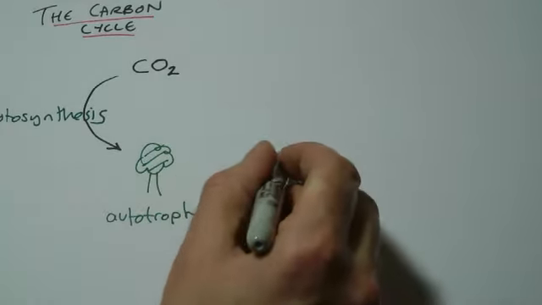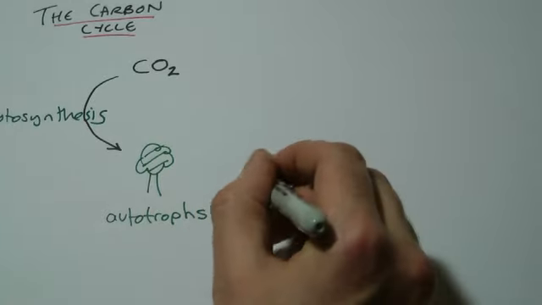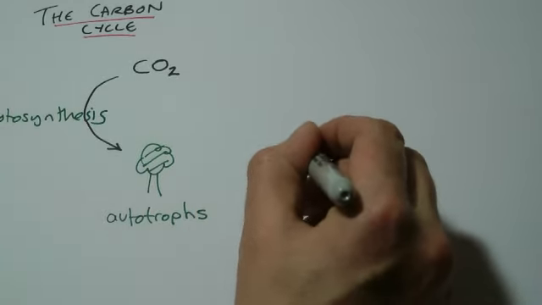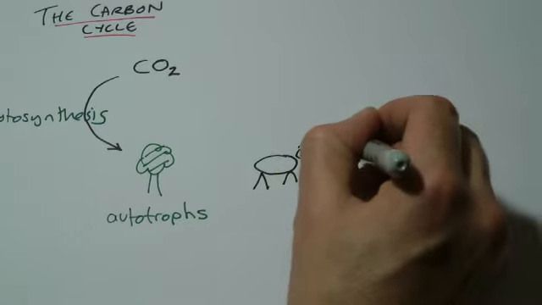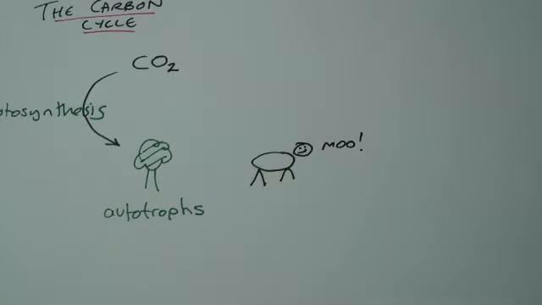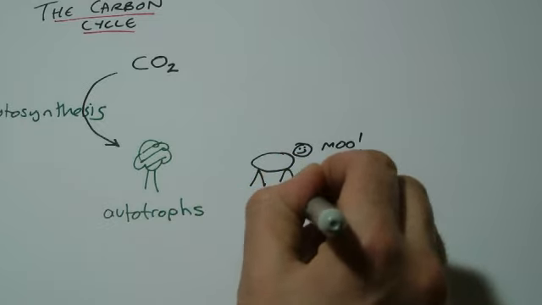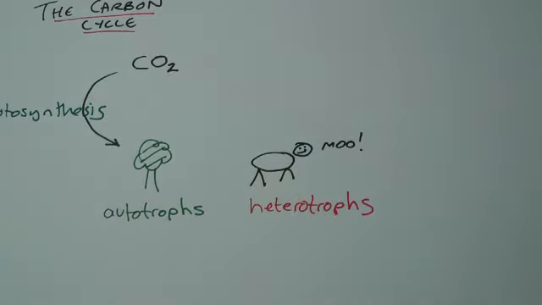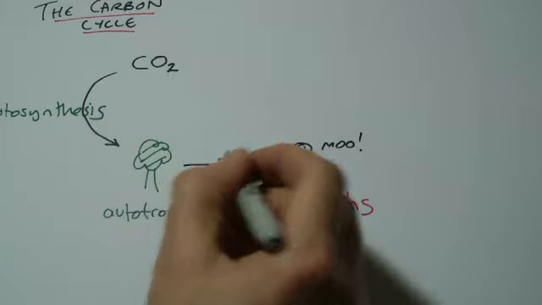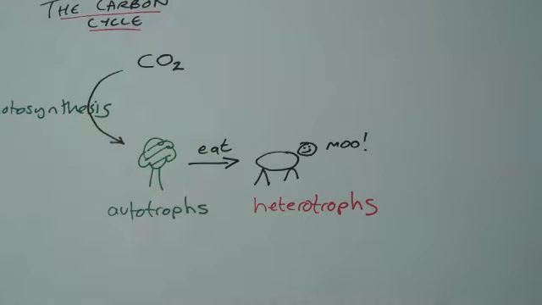Now, animals can't make their own food, and animals belong to the group of organisms we would call heterotrophs, which means they have to eat something as their source of carbon. So animals would eat plants, and that's how they'd get their carbon, and they could then use that to make their own carbohydrates, their own lipids, and their own proteins, and whatever else is needed.